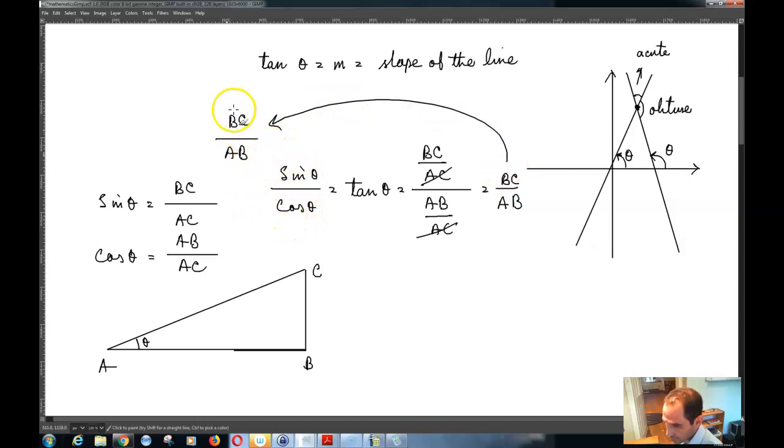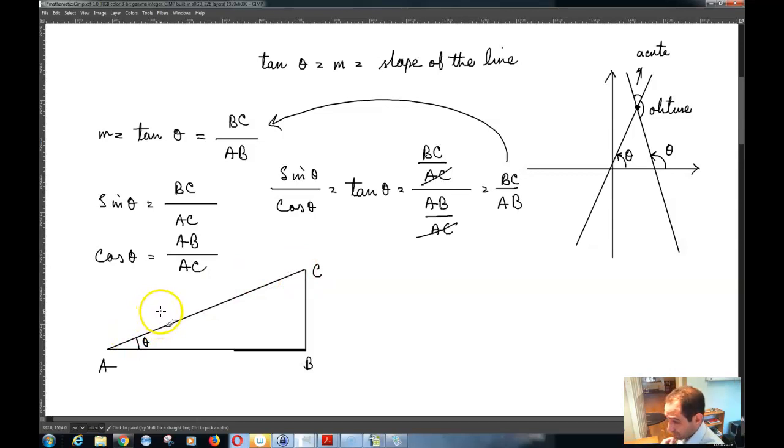So BC to AB, the ratio of this side to this side, is actually tan of theta. And that's basically why tan of theta has been called M, or the slope of this line.